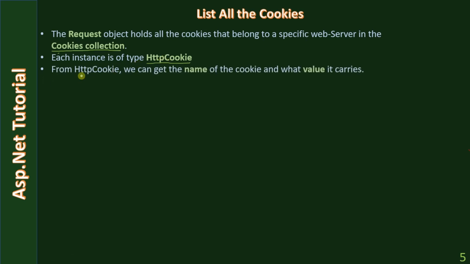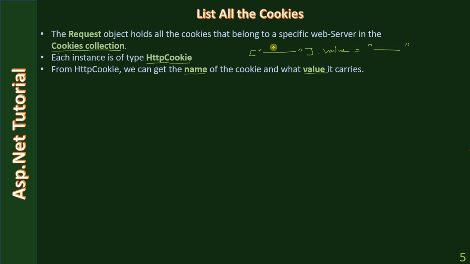From this HTTP cookie, we can get the name of the cookie and what value it carries. We know that when we are storing the cookie, we give it a key, right? Or we can call this a cookie name. Then we access the value property and store the value here.